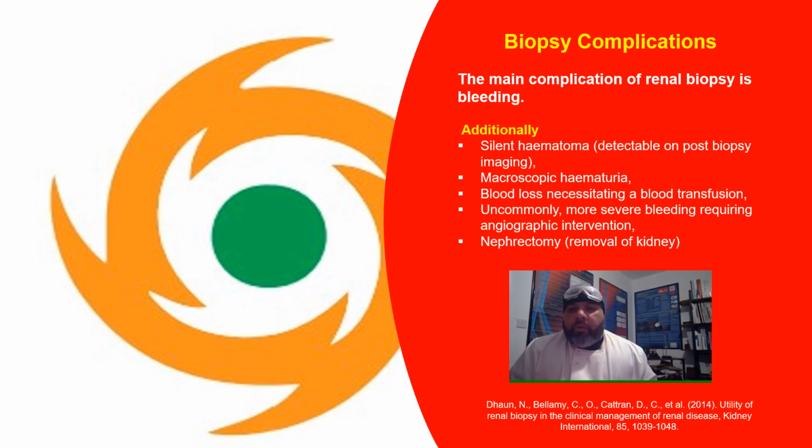So, some of the biopsy complications. The main complication of renal biopsy is bleeding, but additionally there can be evidence of silent hematoma detectable on post-biopsy imaging, macroscopic hematuria, blood loss necessitating, for example, blood transfusion requests, and uncommonly more severe bleeding requiring angiographic intervention.